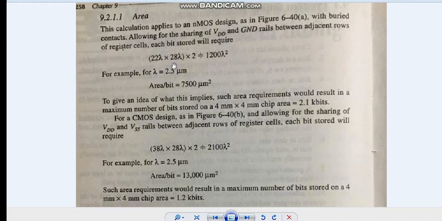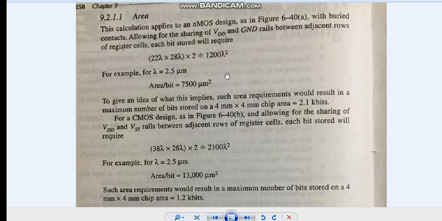Here you can see the same thing discussed in the text also. So 22 into 28 into 2, this is the value. Area per bit means in order to store 1 bit of data, this much area is required. This is for NMOS.